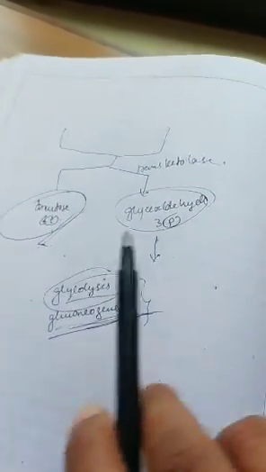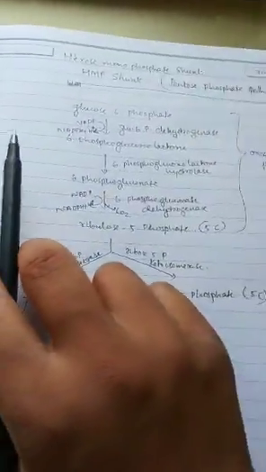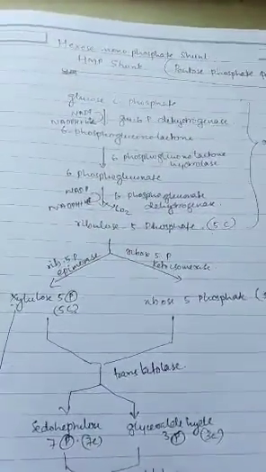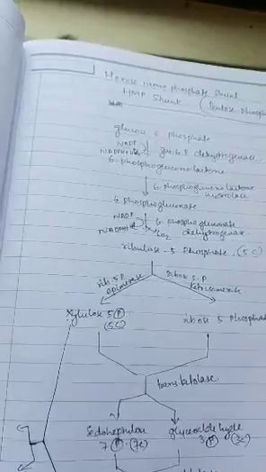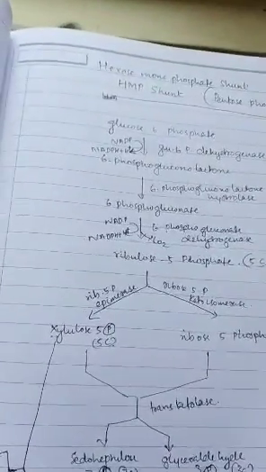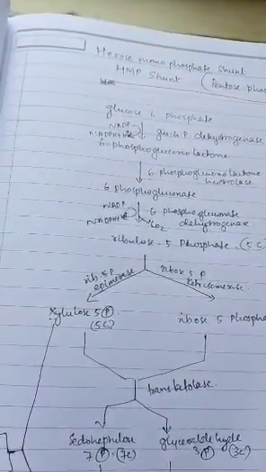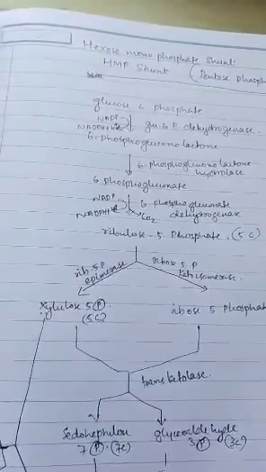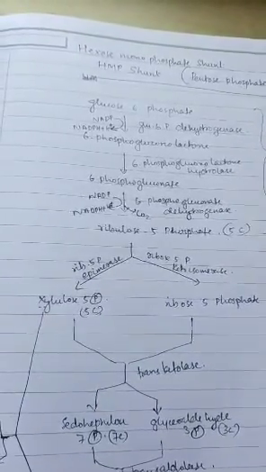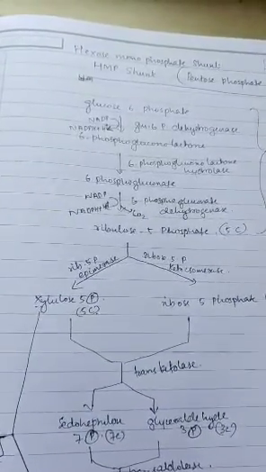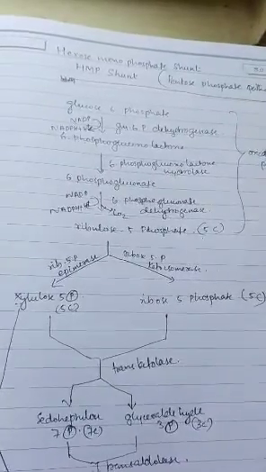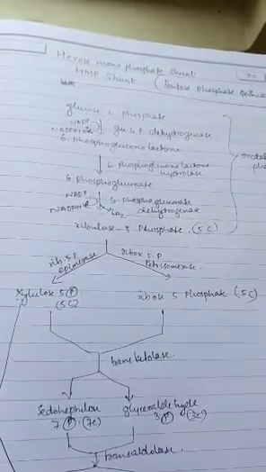Then coming to the importance of HMP shunt, see, it is very important because of the production of pentoses and NADPH. HMP shunt produces pentose sugars and NADPH. Pentose sugar, we know that it is very important for the synthesis of nucleic acids.